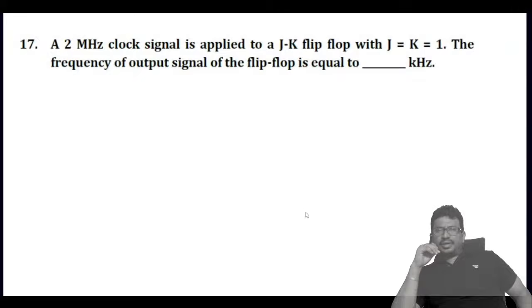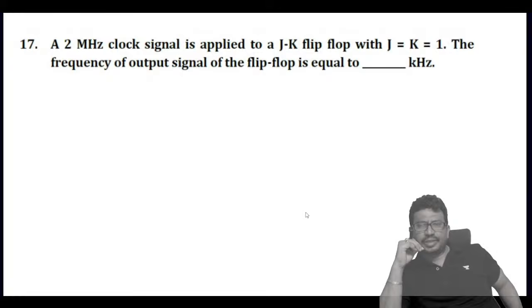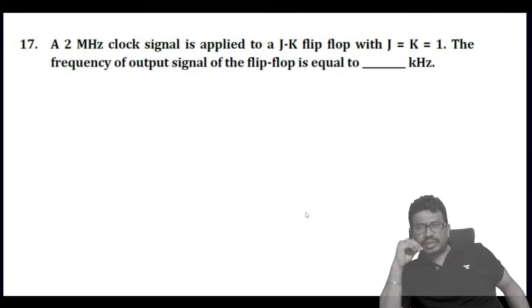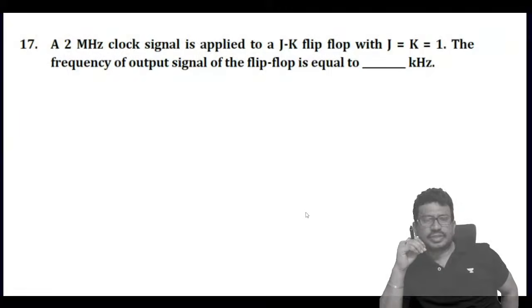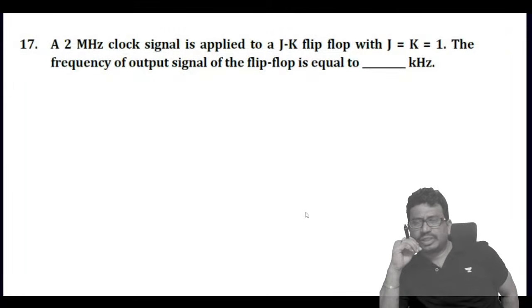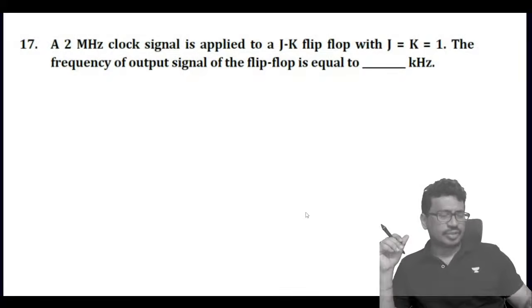Next. A 2 MHz clock signal is applied to a JK flip-flop with J equal to K equal to 1. The frequency of the output signal of the flip-flop is equal to? So J is 1 and K is 1, that is nothing but toggle mode.